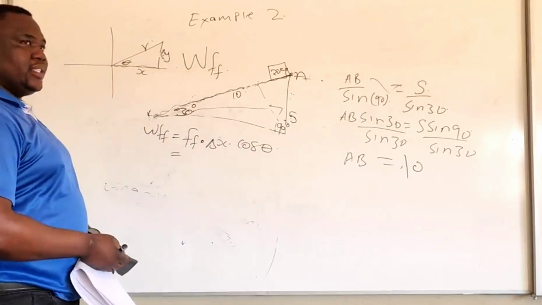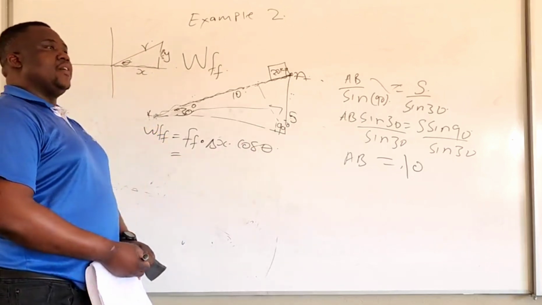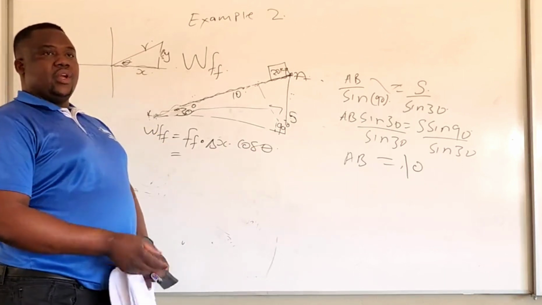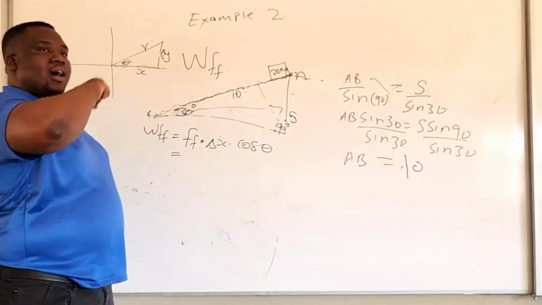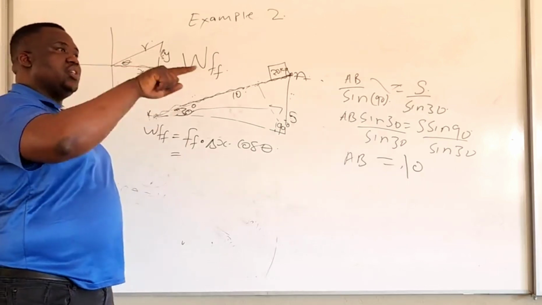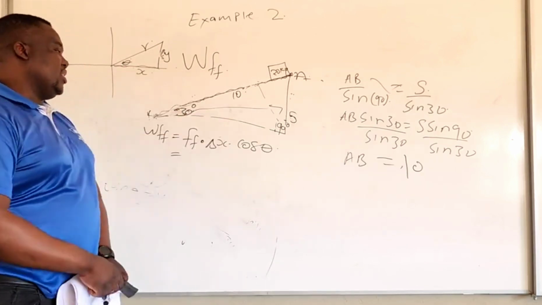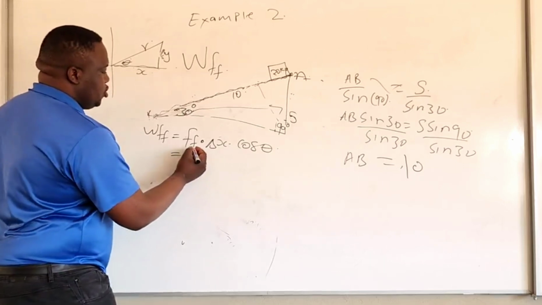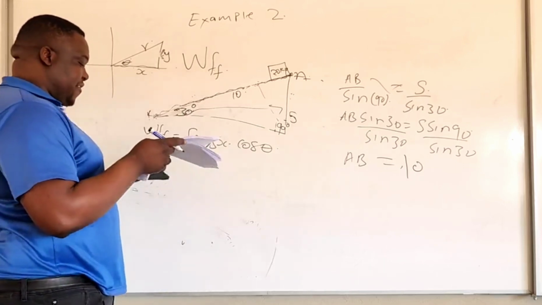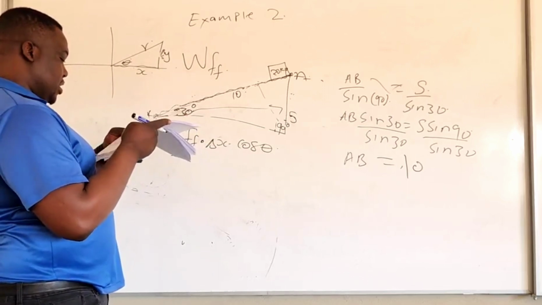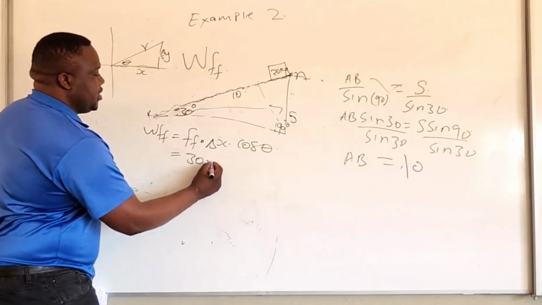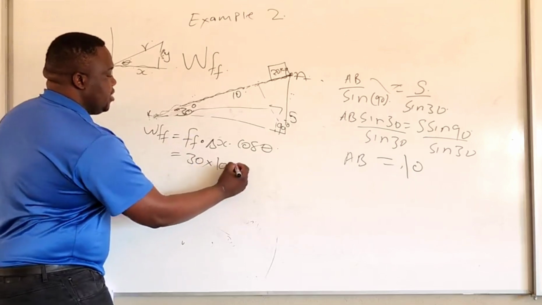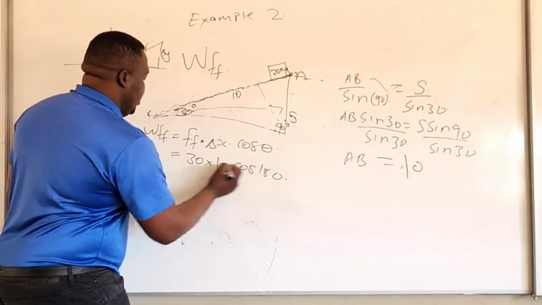Remember in lesson number 1, I told you that for frictional force theta is 180 because it is opposing the direction of motion. You understand, right? In the question we are told that frictional force is 30 Newton. We're going to have 30 multiplied by 10 cos 180.